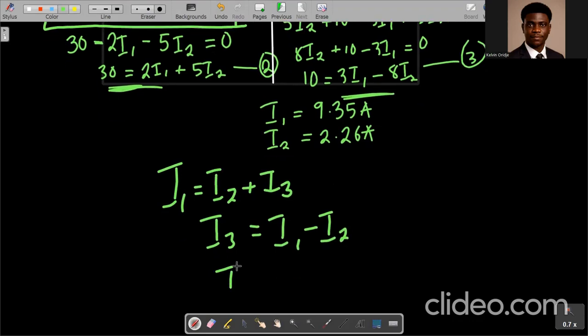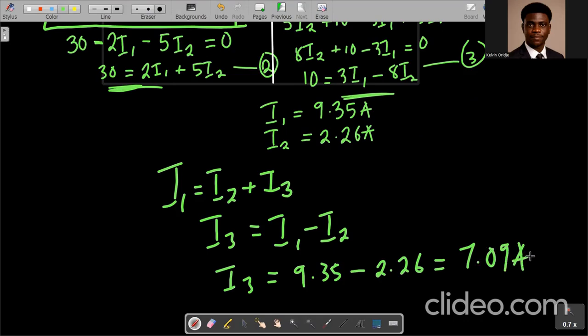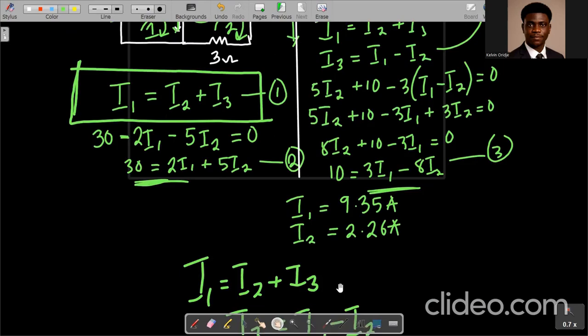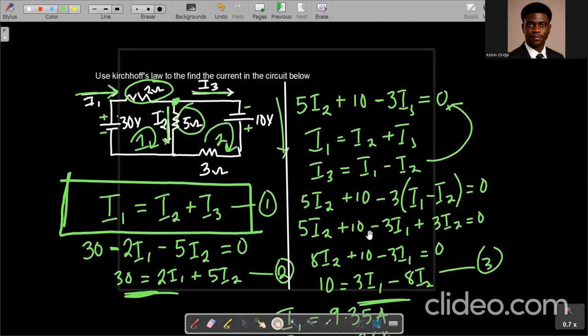We just put that into our equation. I3 is equal to 9.35 minus 2.26. That gives us 7.09 amps. So we successfully calculated the values for I1, I2, and I3, which are the values required for this question.